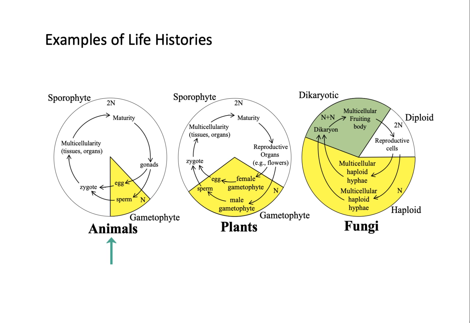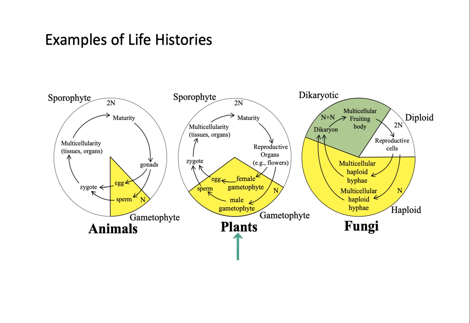So in animals, for at least most animals, the vast majority of the time is spent as a diploid organism, or the sporophyte. And a very small amount of time is spent as a gametophyte, that is, a haploid organism. In fact, in humans, the gametophyte generation is only a single cell, unicellular, the sperm and the egg.